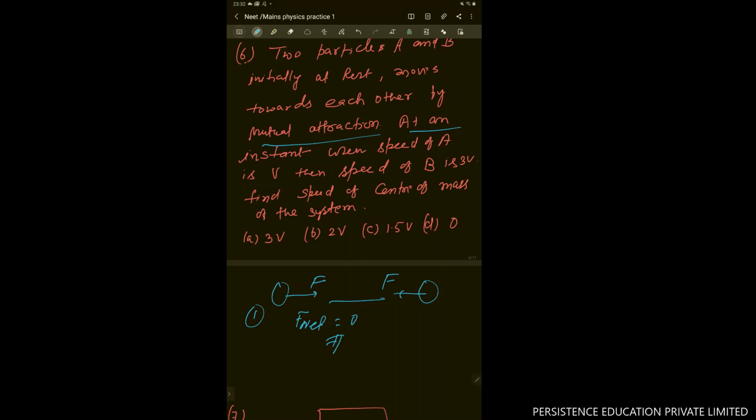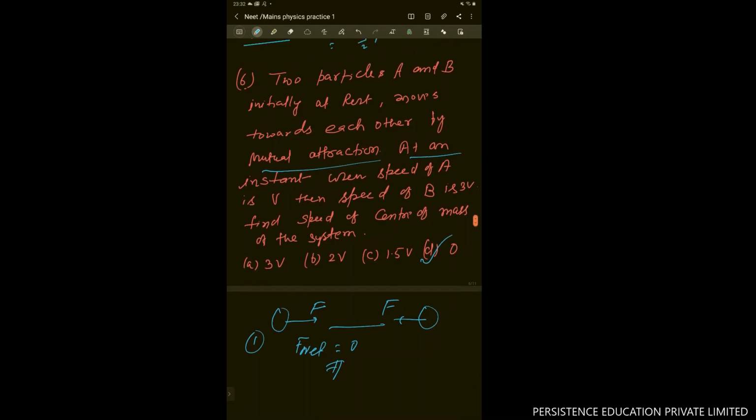If F net is 0, then the center of mass at any point of time will move with zero velocity. So first and foremost, you should remember that in any question related to mutual attraction, if you are asked about the speed of the center of mass of the system, it will come as 0. No doubt about it, right?